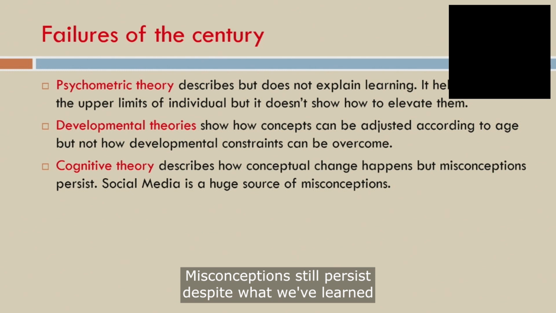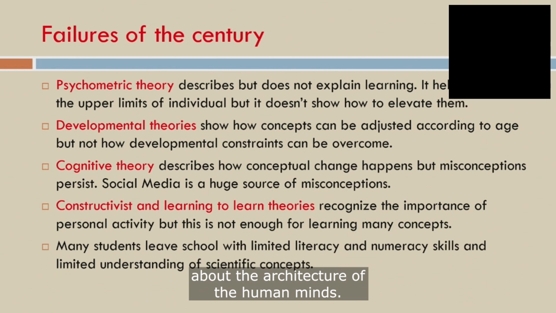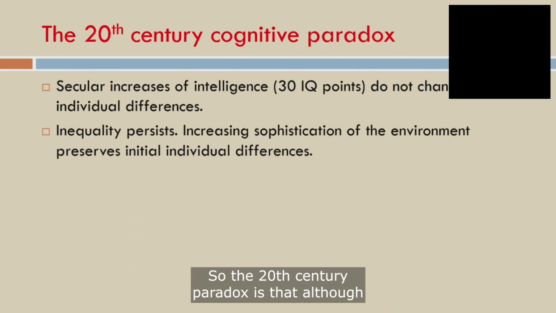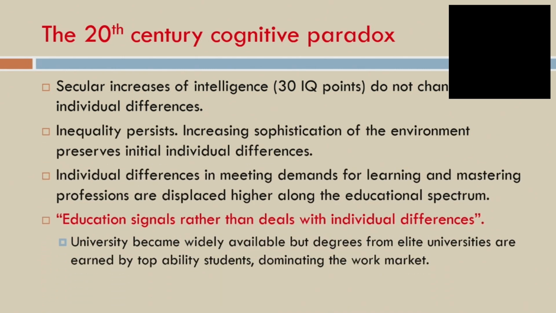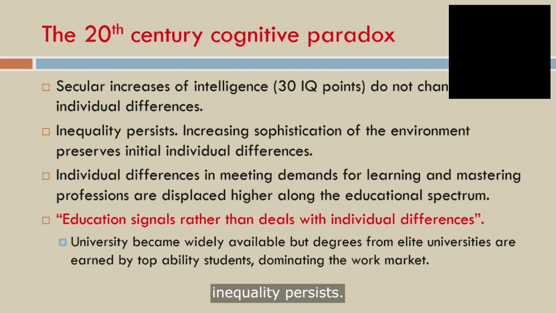Misconceptions still persist, despite what we've learned about the architecture of the human mind. So the 20th century paradox is that although we have 30 points of increase of intelligence through the 20th century, inequality persists.